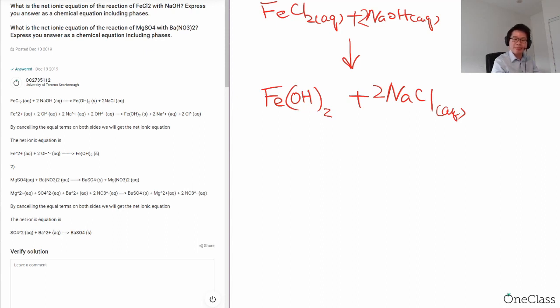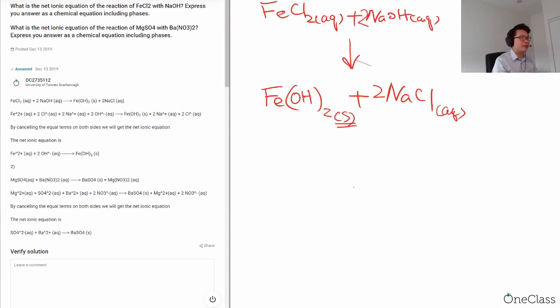So that's why it must be aqueous. The other compound that forms is from the interaction between iron and hydroxide ion. Again, when we look at our solubility table, we find that iron hydroxide is not soluble, or I would say slightly soluble. So that's why we should have a solid being formed over here.